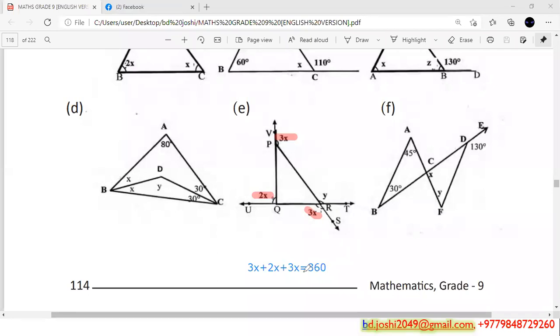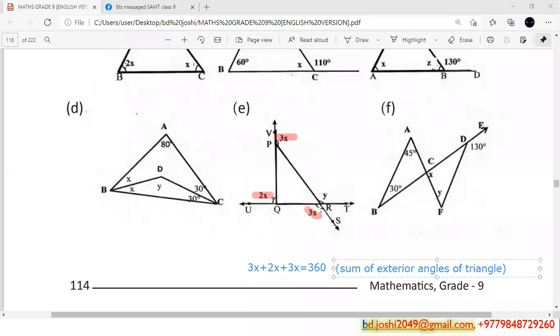The reason is that the sum of exterior angles of any polygon, either a triangle, quadrilateral or pentagon, is 360 degrees. So the reason for this is the sum of exterior angles of a triangle.